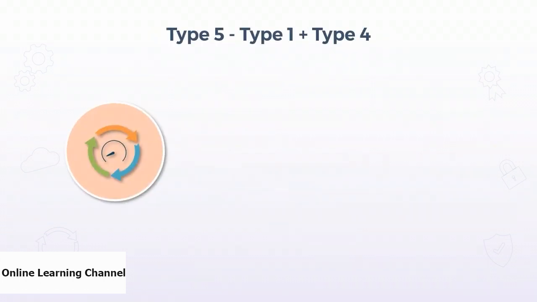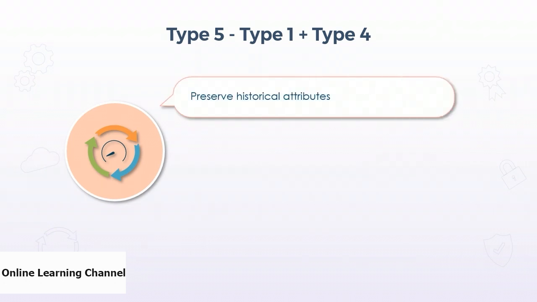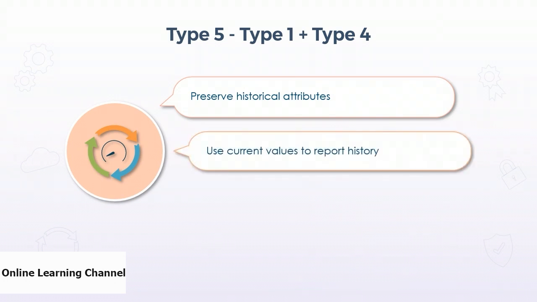Type 5, which is called that because it's type 1 plus type 4, is very similar to type 4 in that it preserves historical attributes in a mini-dimension table of fast-changing attributes and another table of slow-changing attributes. Like type 4, it allows one to report historical facts with the dimension values that were current for that time.